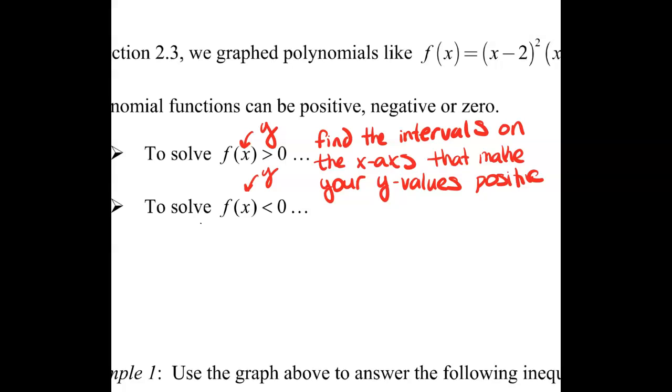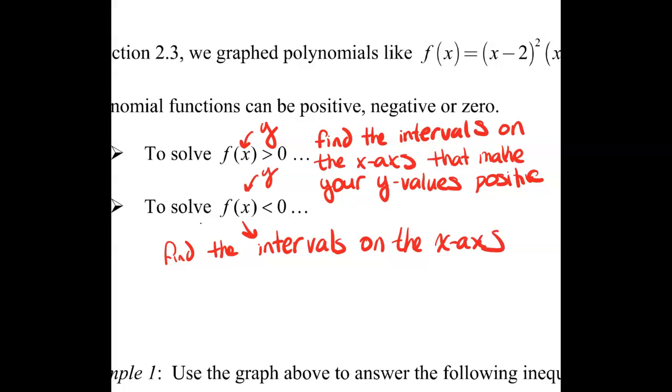And likewise, for this one, I need to find the intervals on the x-axis that make my y values negative.